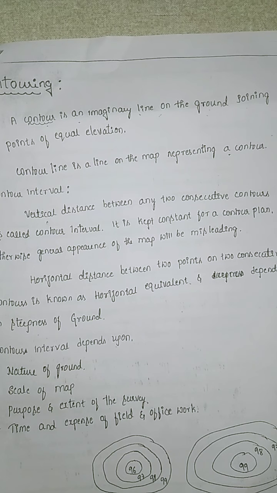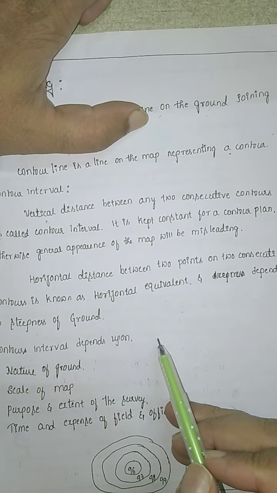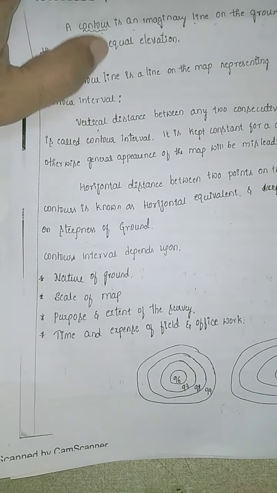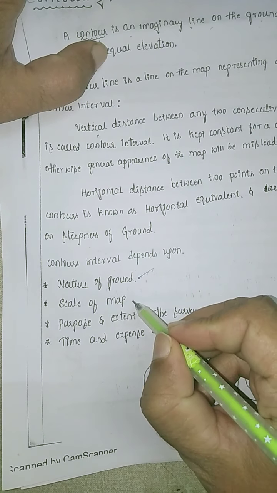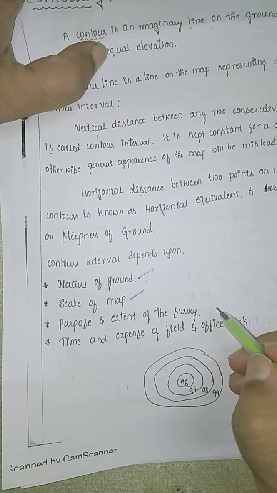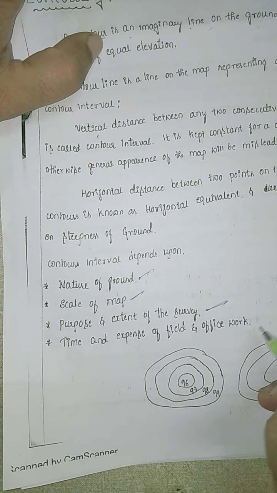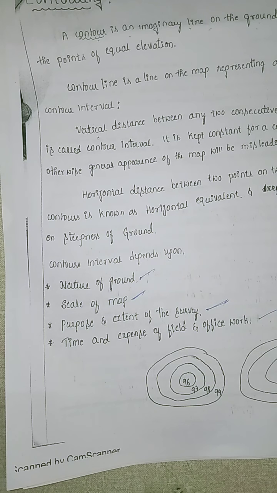Your contour intervals are going to be dependent on the following features: the nature of the ground, the scale of the map, the purpose and extent of the survey, and the time and expense of field and office work. First we will consider the nature of the ground.